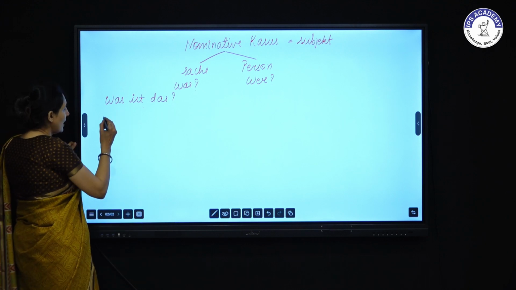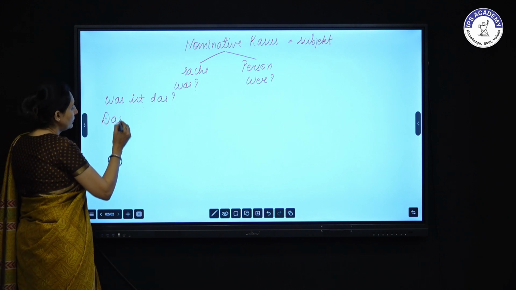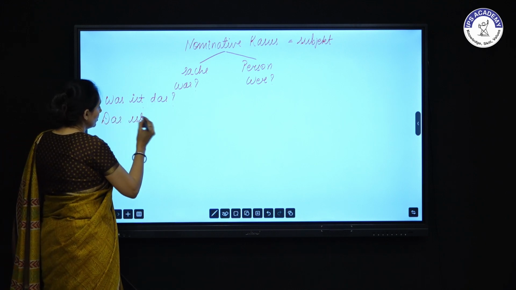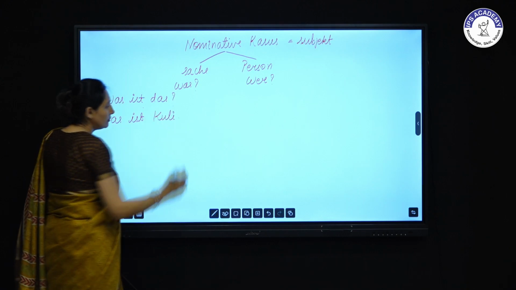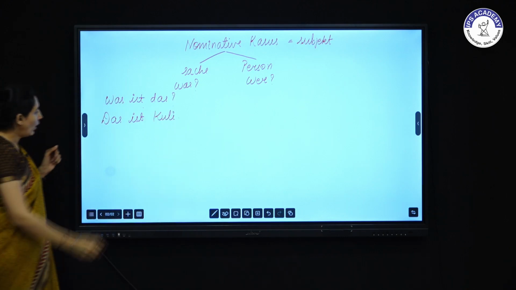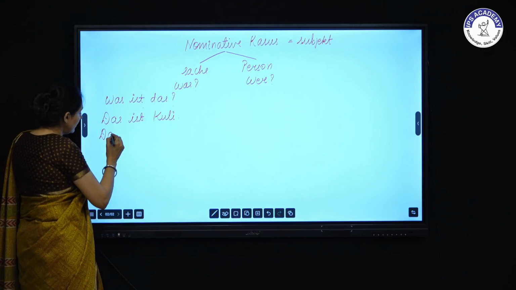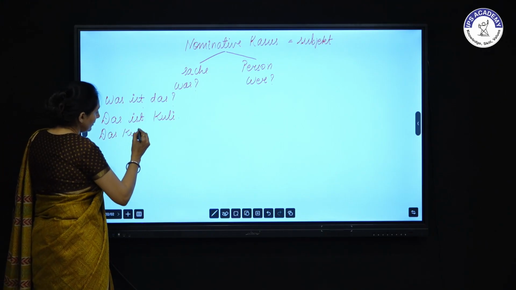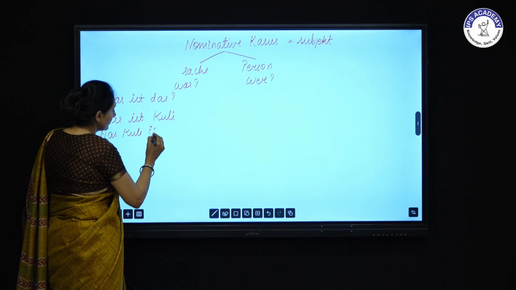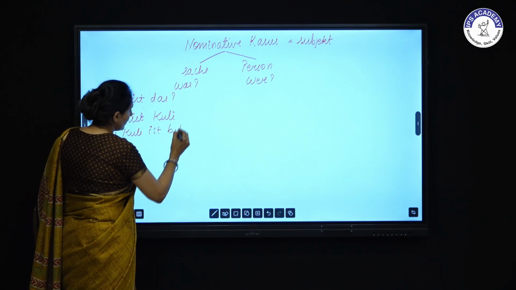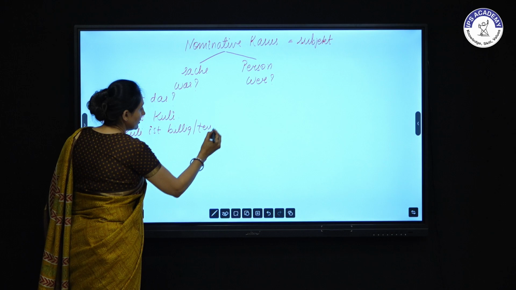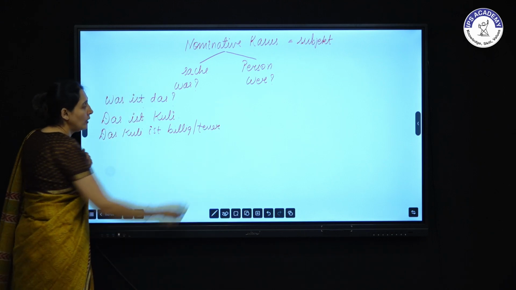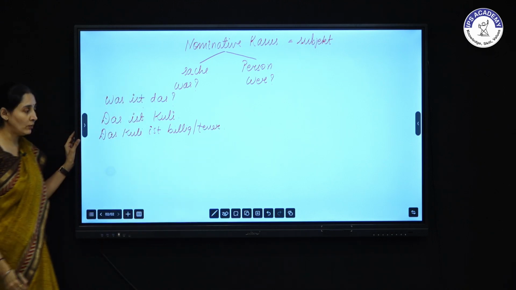So was ist das, and if we take an example, das ist Kuli, that is a pen. Or we can say, der Kuli ist billig, or der Kuli ist teuer. You can say expensive or cheap or economical.